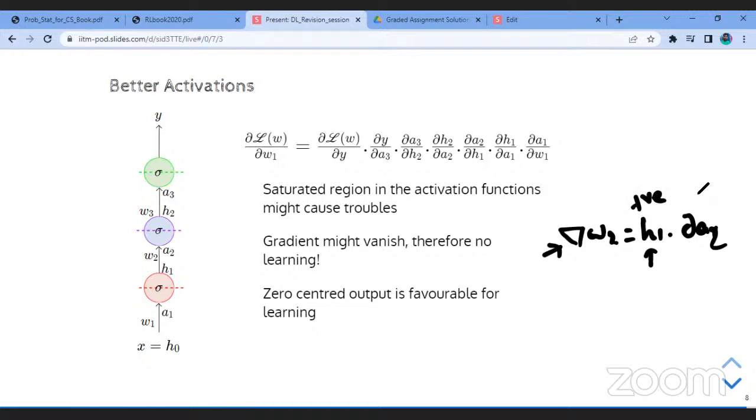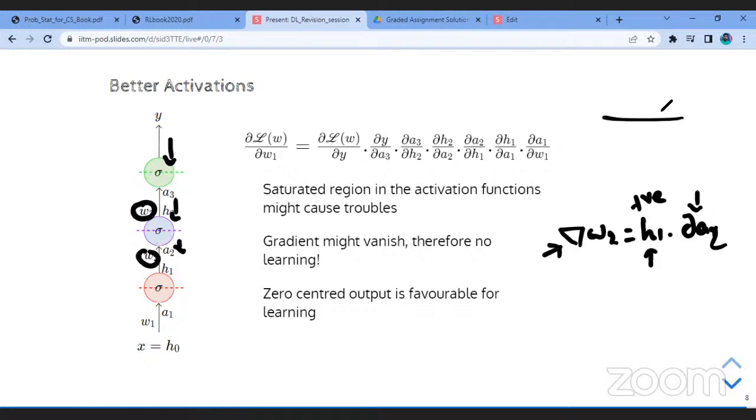Assuming that all my neurons in the network are sigmoid, even if I backpropagate the loss, what happens to this gradient? This W3 also plays a role.